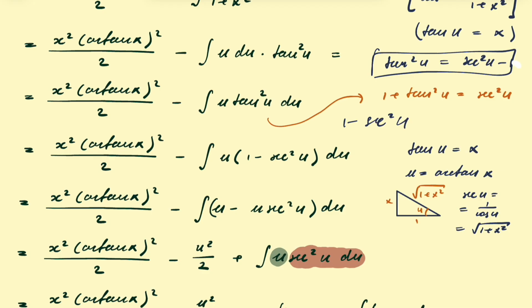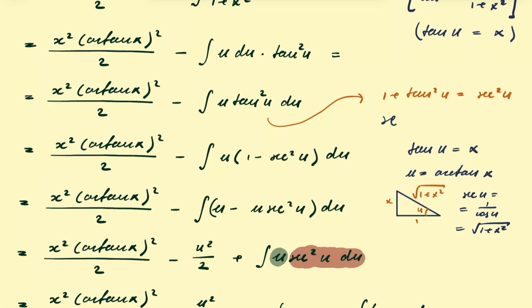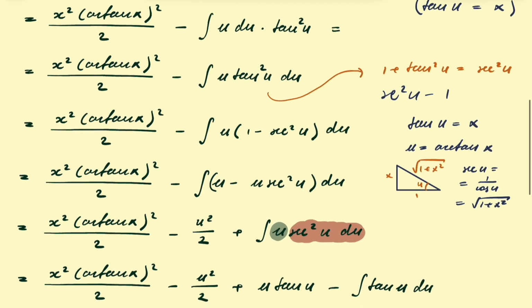So this was the mistake. Now let's correct it. Well, I won't write secant square of u minus 1. Instead, I can just replace this sign with a plus, right? Since it's also equal to minus 1 minus secant square of u.